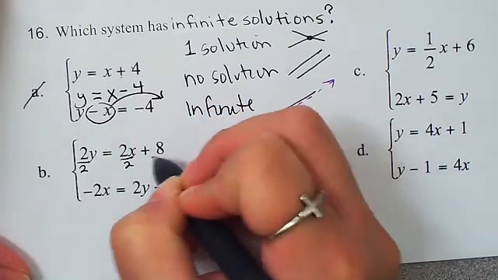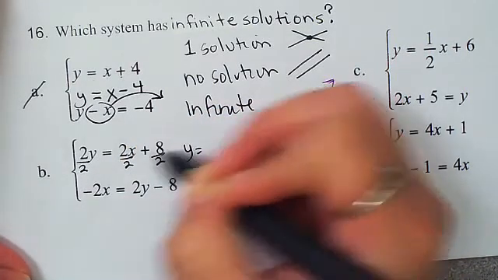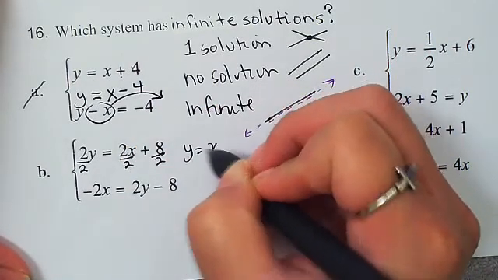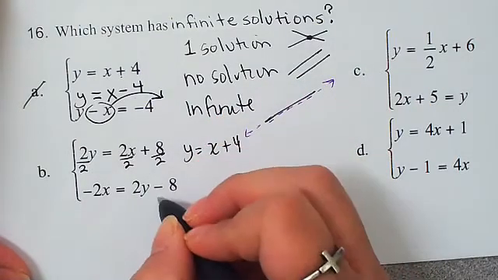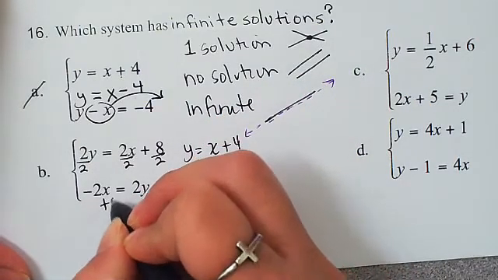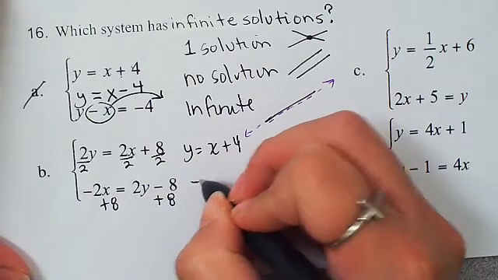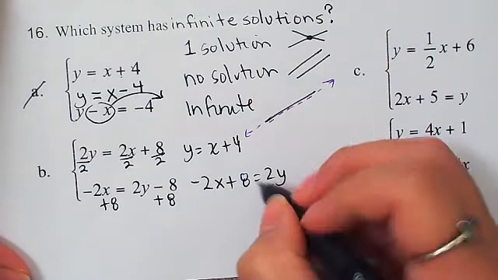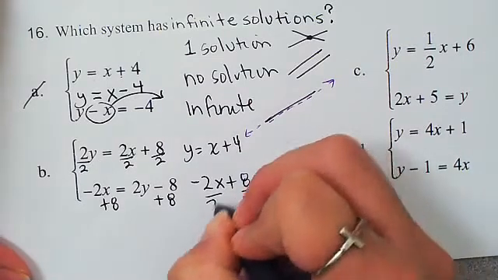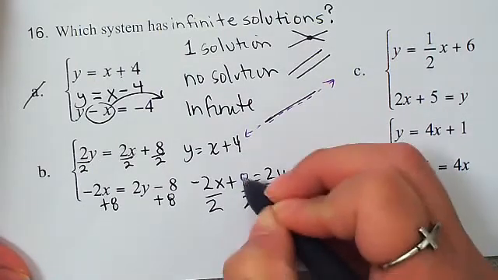Then I go here. If I solve this for y, I just have to divide everybody by 2, right? And I'm going to get y equals 1x plus 4. If I solve this one for y, I'm going to have to move this guy first over here. So I'm going to end up with -2x plus 8 is equal to 2y. And then I have to divide everybody by 2.